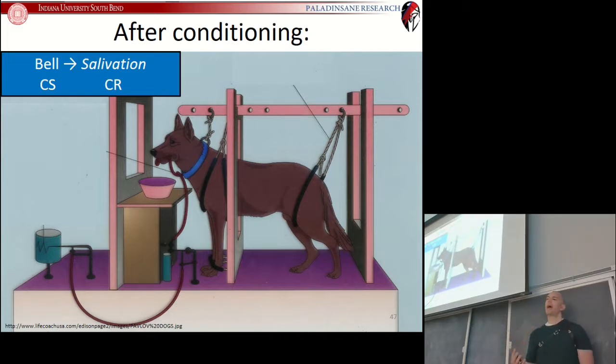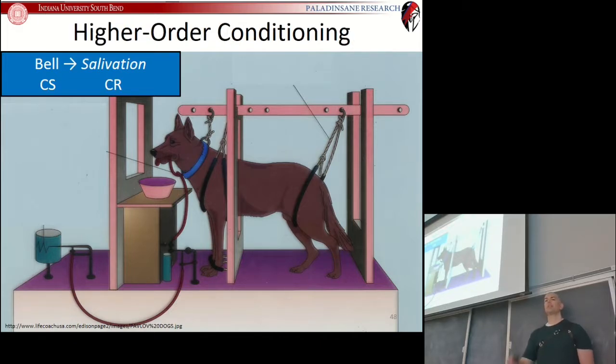But once you have this bell as a conditioned stimulus that causes the conditioned response, you can then use what is known as higher order conditioning. Basically, this is kind of like the next level of conditioning, where you can use that conditioned stimulus to further condition a new neutral stimulus.